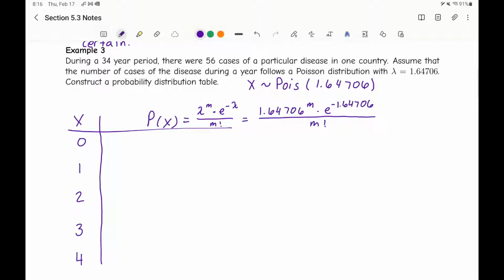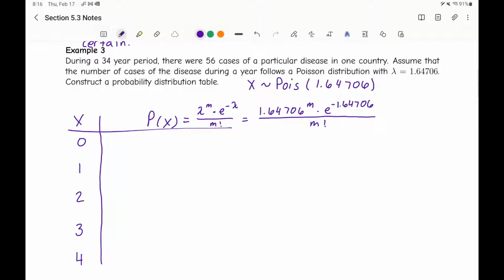Now, you can do this one by one, but I would recommend using a table to do this, where you would type this all in list 1. And actually, I'm going to go a little bit further than 4. I'm going to go at least to 10. So in list 1, I typed in the numbers 0 through 10.